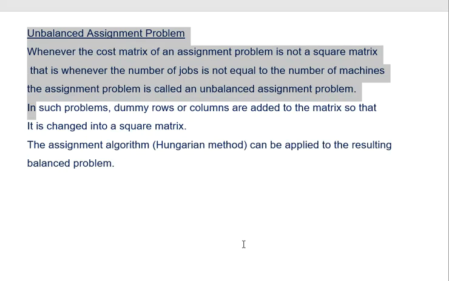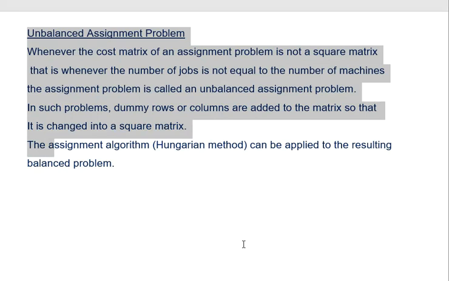Now how to find a solution for such problem? In such problems, dummy rows or columns are added to the matrix with zero assignment cost so that it is changed into a square matrix. So by adding dummy rows or columns, we change it to the square form.